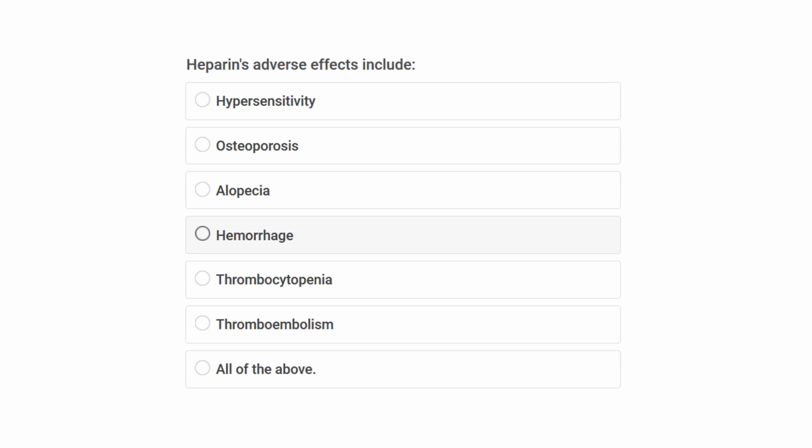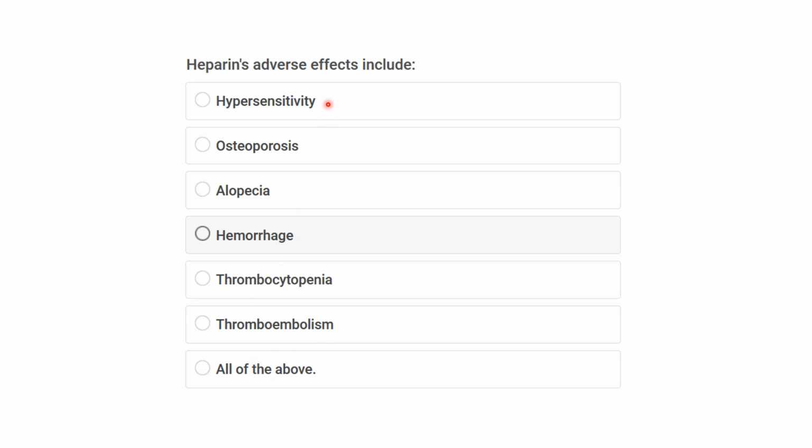Heparin's adverse effects include, there are many which I have already told you and some of them which are mentioned in your books. So either all adverse effects or all of the above or only one. So you have to see. The point is that all of the above is given and there is hemorrhage, which you surely know.